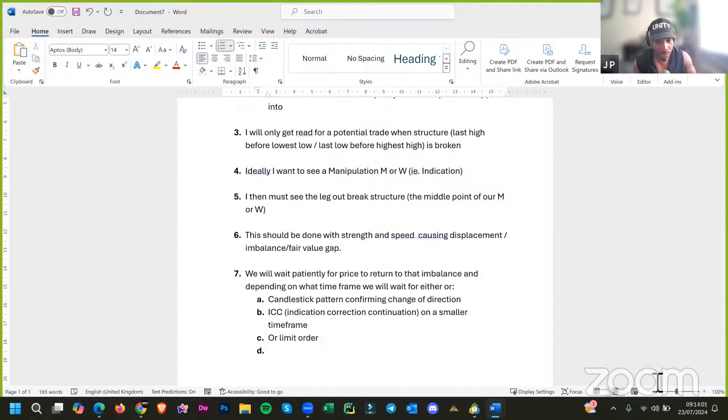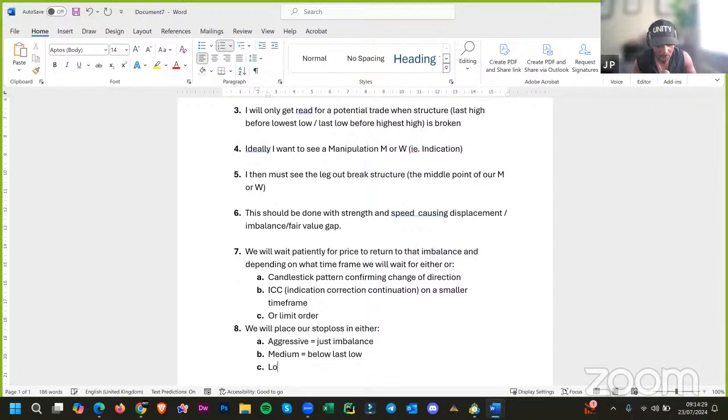I'll make it as a separate one. We will place our stop loss in either aggressive, because just the imbalance, medium is below last low, low risk, below swing low.